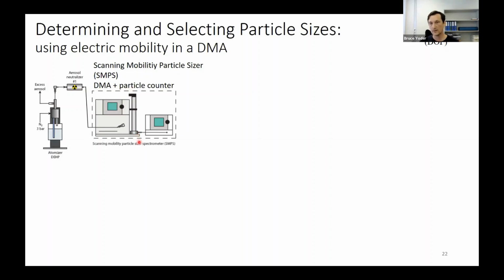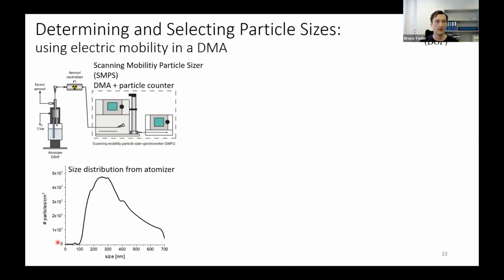By scanning this voltage in the DMA and monitoring the transmitted particles, we can produce plots of particle number density as a function of size. Here, in this case, we see that we have significant abundance of particles between 100 and 700 nanometers.